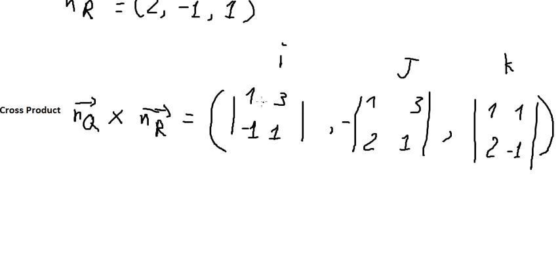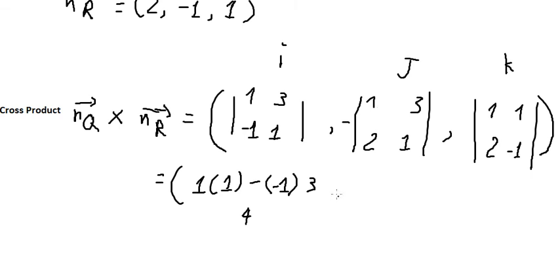So we have 1 multiplied by 1 minus negative 1 multiplied by 3. We calculate this one and we will have 4. 1 plus 3, you get 4, because negative with negative you get positive.